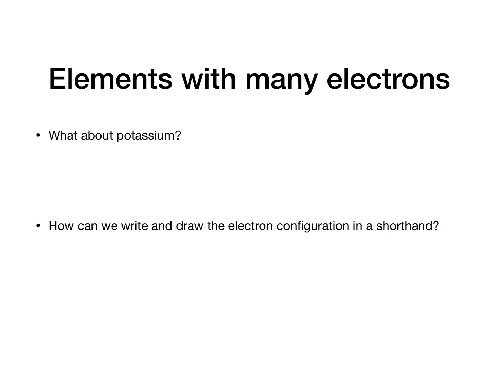So what about potassium? Potassium is element 19, and it has 19 electrons. So we can fill these out. We have the 1s, 2s, 2p, 3s, 3p, 4s. Don't forget, the 4s fills before the 3d.